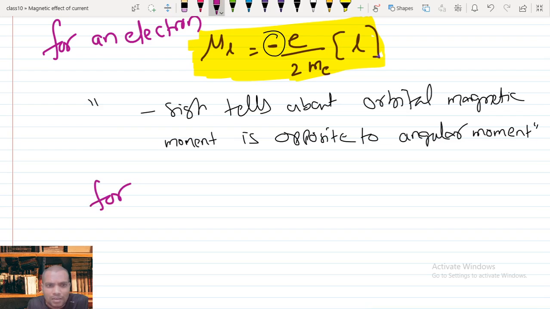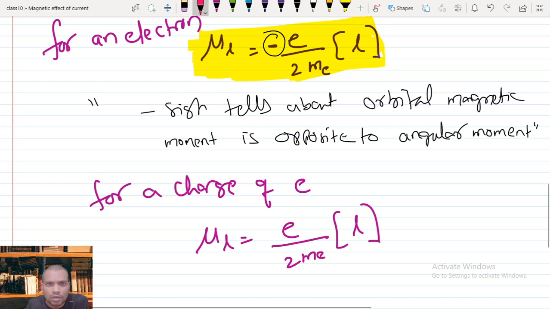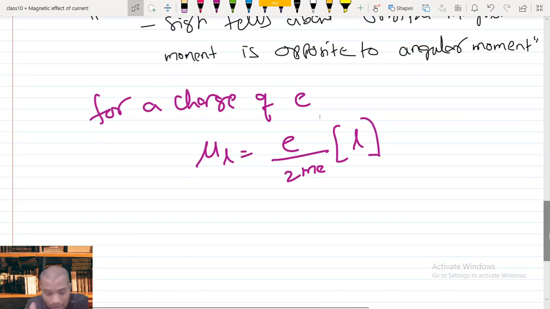For a charge of e, the magnetic moment mu L equals only the magnitude of the charge, e upon 2 suffix e times L. This is for a charge e, not an electron. So I am not writing that here.